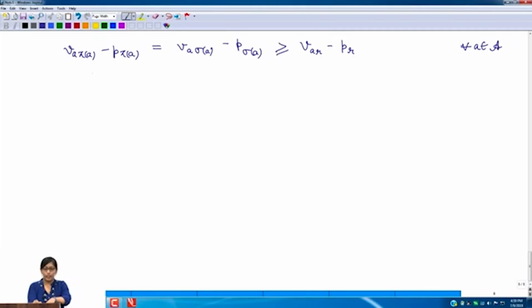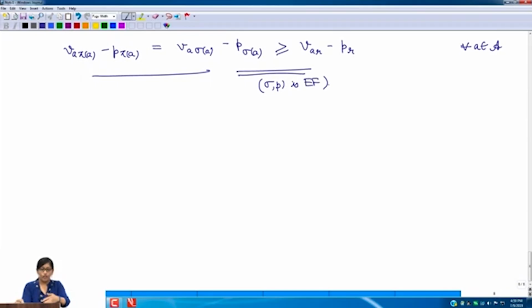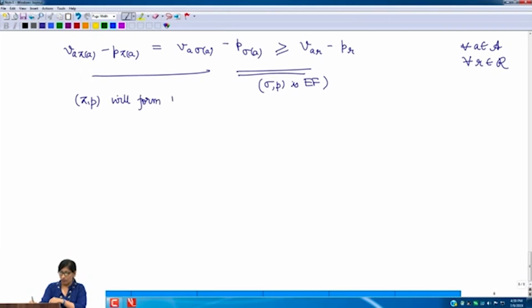So I have this particular equality from the last argument, and I know that this holds true since sigma p is envy-free, right? So in particular, I know that pi comma p will also form an envy-free solution.